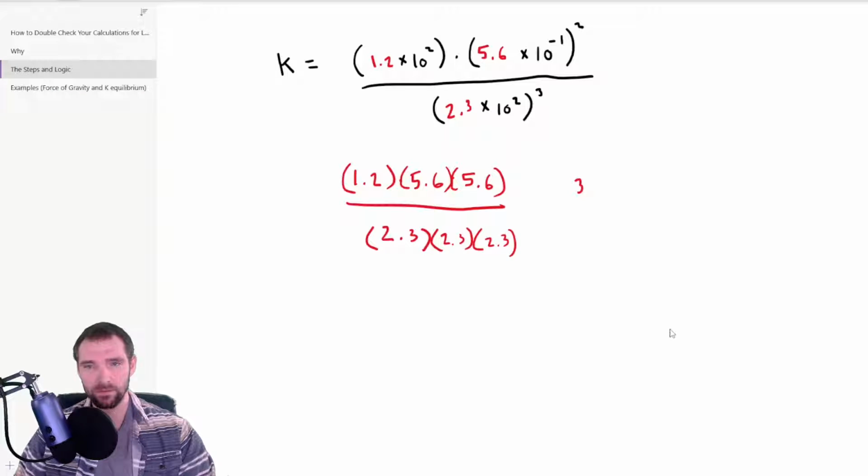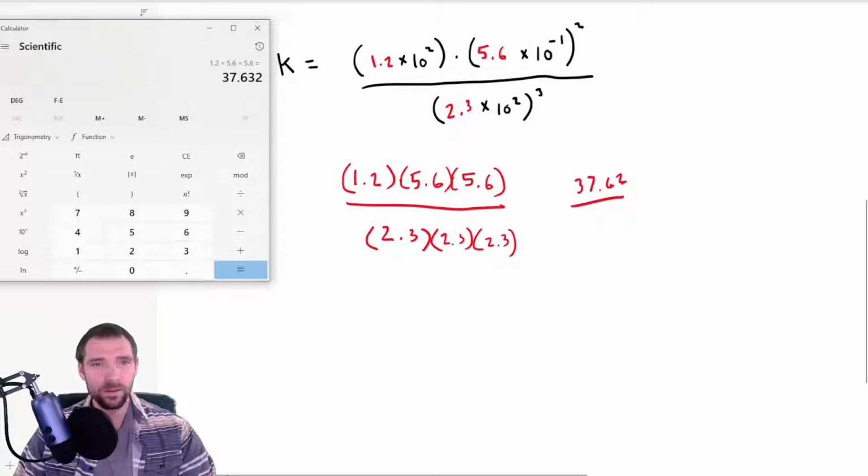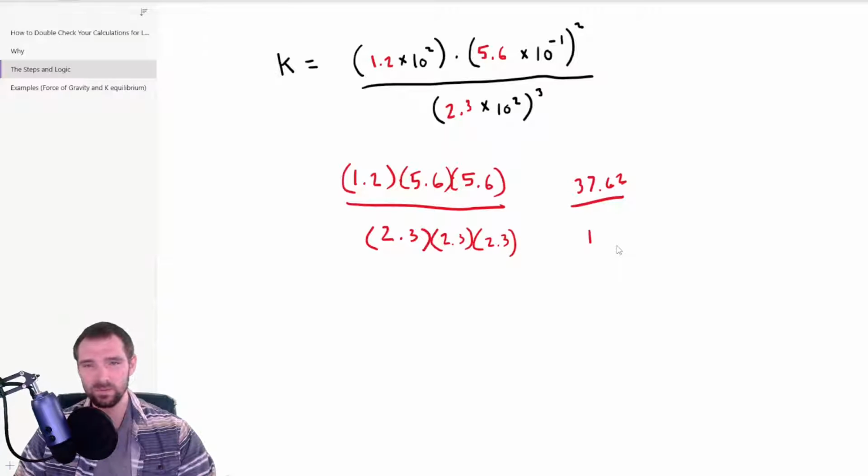That's 37.62. And then on the bottom here, I would usually just do rough estimates, because I'm just doing a rough estimate. So this is 12.167, but I would usually estimate this because I was just trying to get a rough idea of what this number should be.